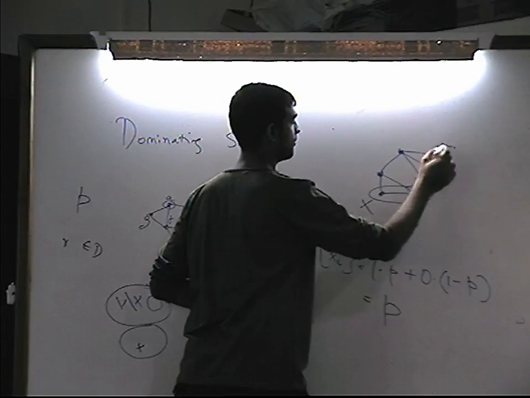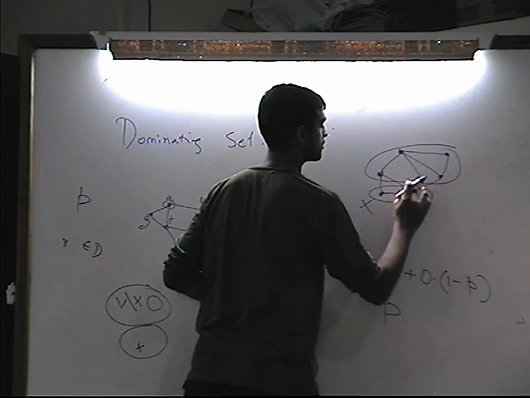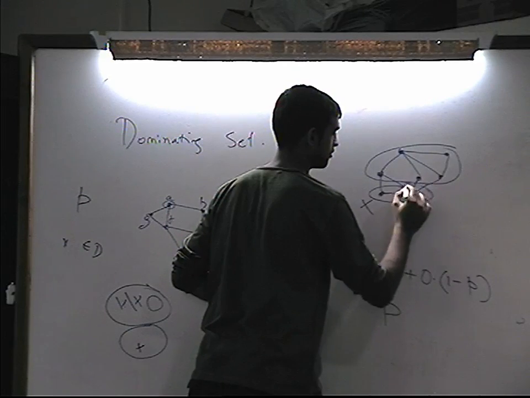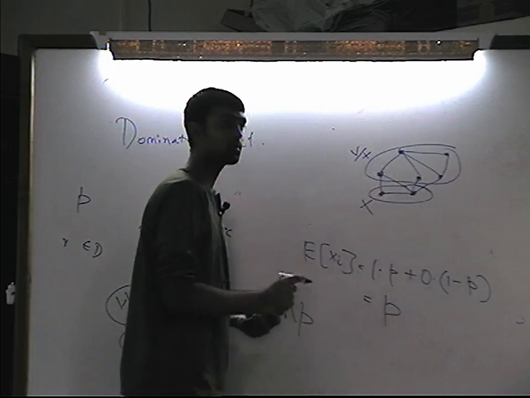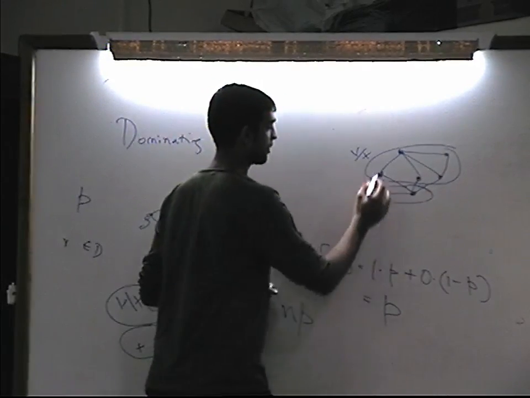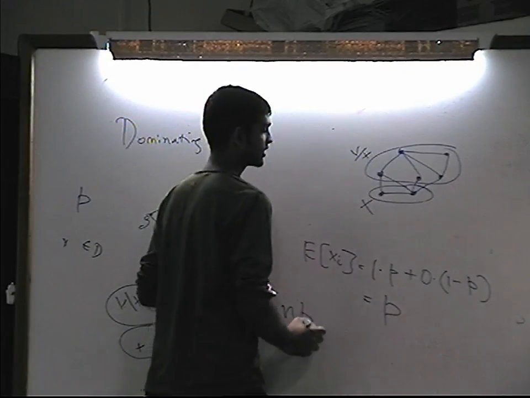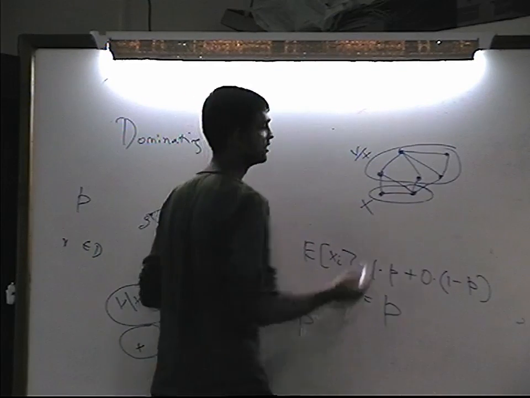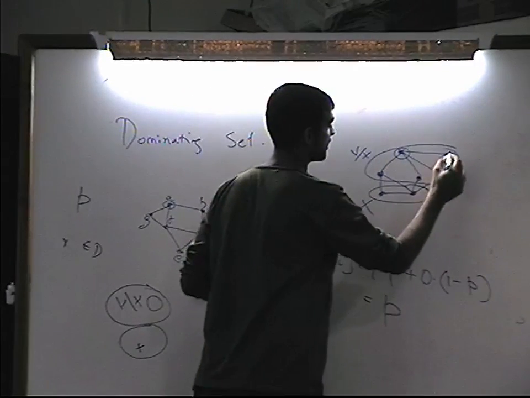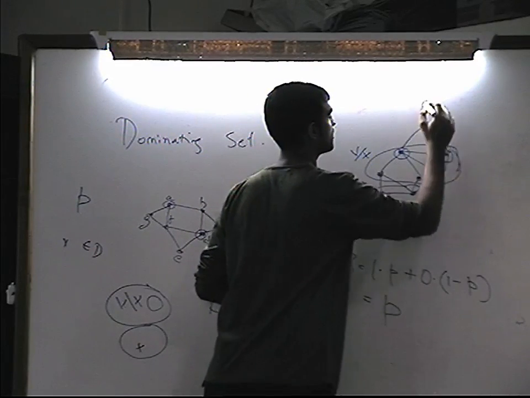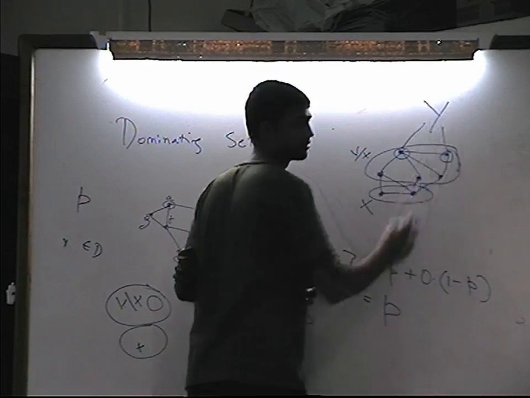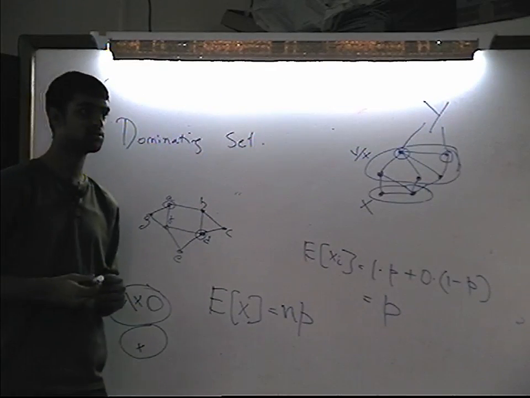So these form V minus X. Now I pick those vertices from V minus X which do not have any neighbor in X. So that would be this vertex and this vertex. Let me put this in a subset called Y. So is the definition of Y clear?